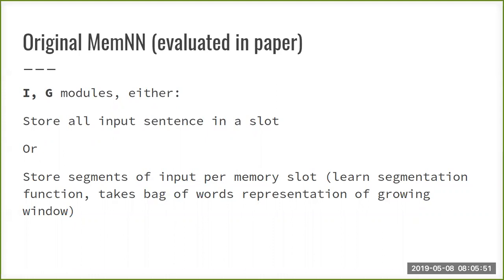So you would start feeding in the bag-of-words representation of a certain window of the text. The window will keep growing, and whenever the function decides that it could work with this segment, it will fire. You will take the segment away, store it in the memory, and start the window again from the next storage. And the generalization slot was just a kind of slotted storage.